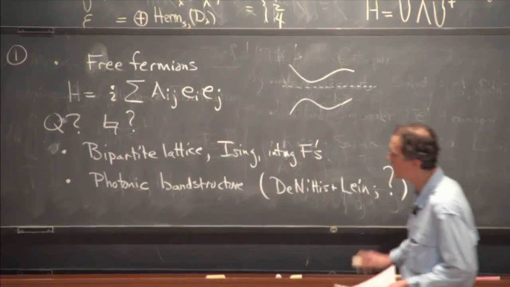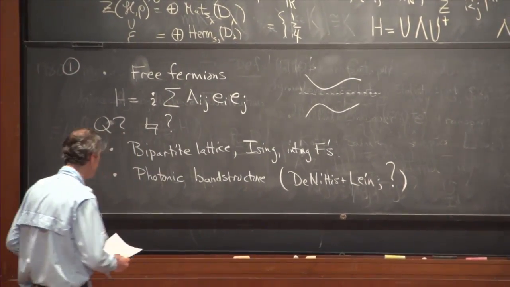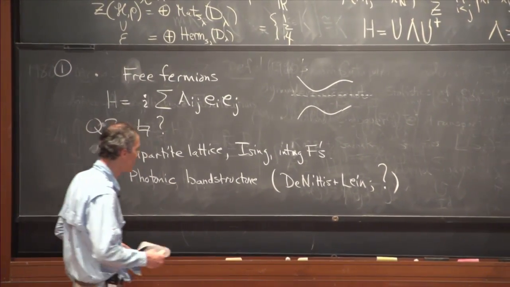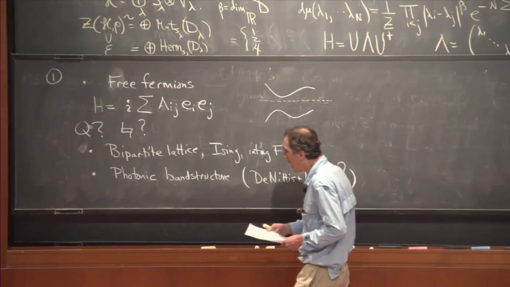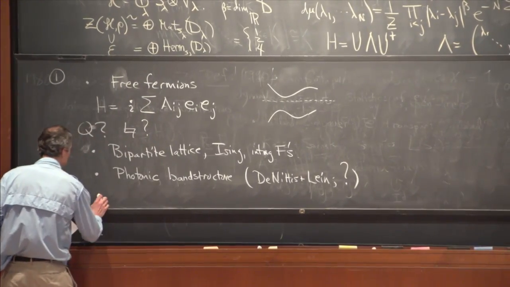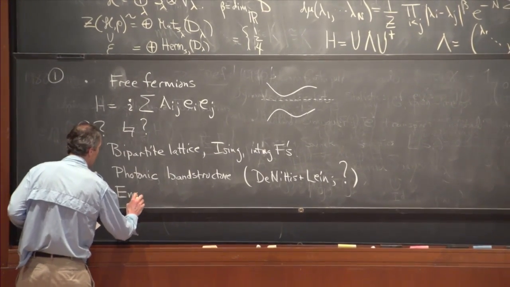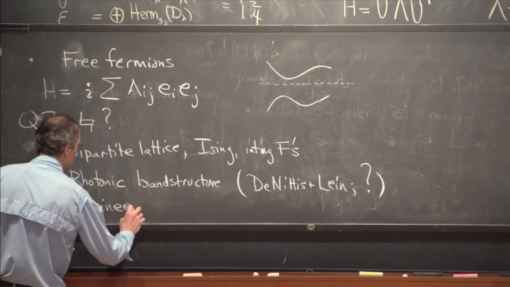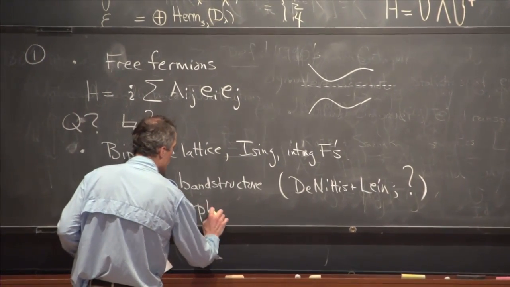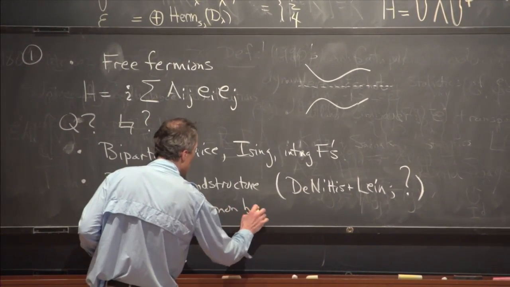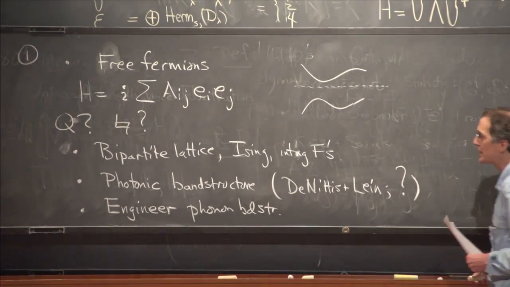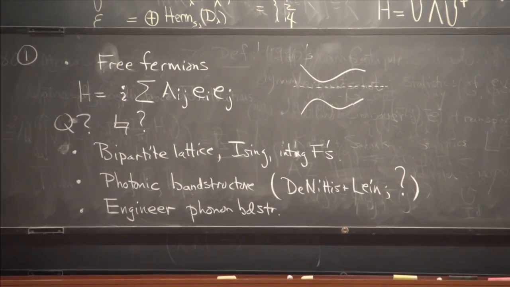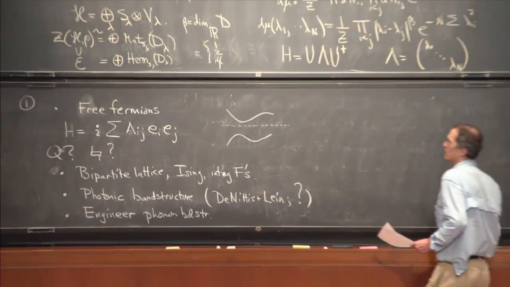I think it's actually quite interesting if it could be applied, because of course photons are not fermions. Along the same lines, theoretically, you can engineer phonon band structures. And whether or not that can be realized in real physical materials, I do not know.